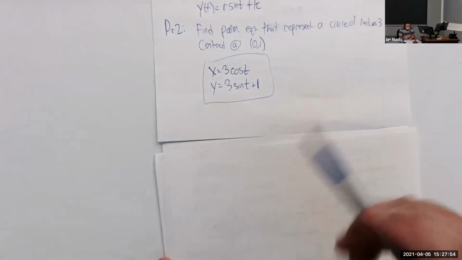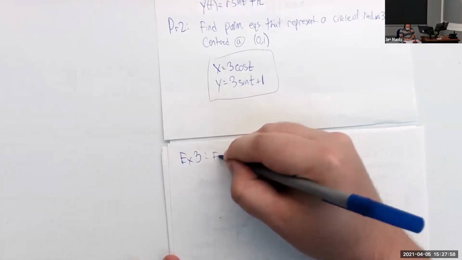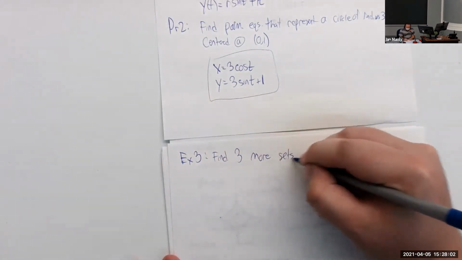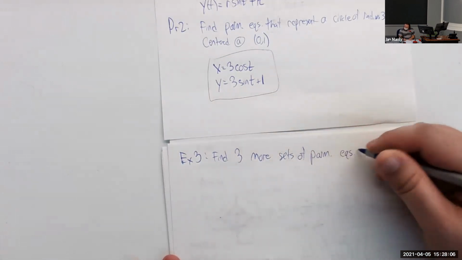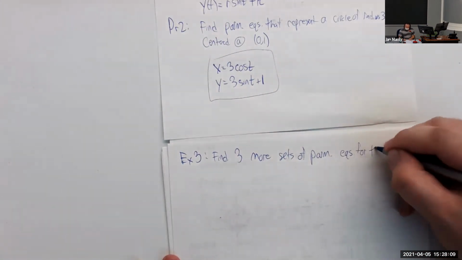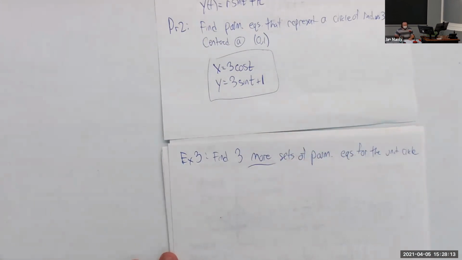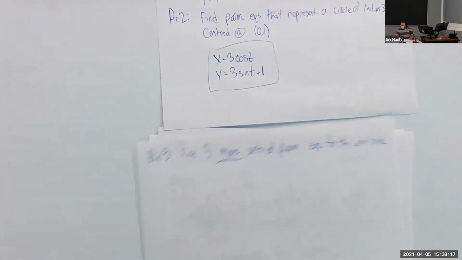All right. So example 3, find 3 more sets of parametric equations for the unit circle. And I said 3 more, so it's going to be cheating to use the ones that we found earlier right here.